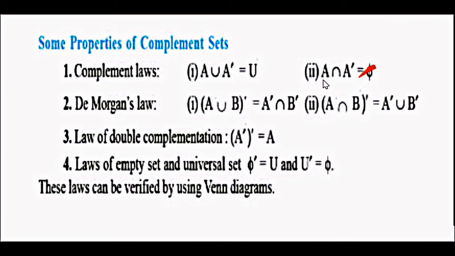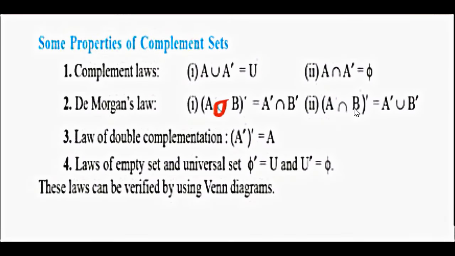What is phi? Phi is null. What about De Morgan's law? We have just seen De Morgan's law and we have taken an example also. So A union B complement is equal to A complement intersection B complement. Just see the reversal of the sign from union to intersection. In the similar manner, here also you see the reversal of sign from intersection to union. But when we open this bracket, the complement will be on both the sets.